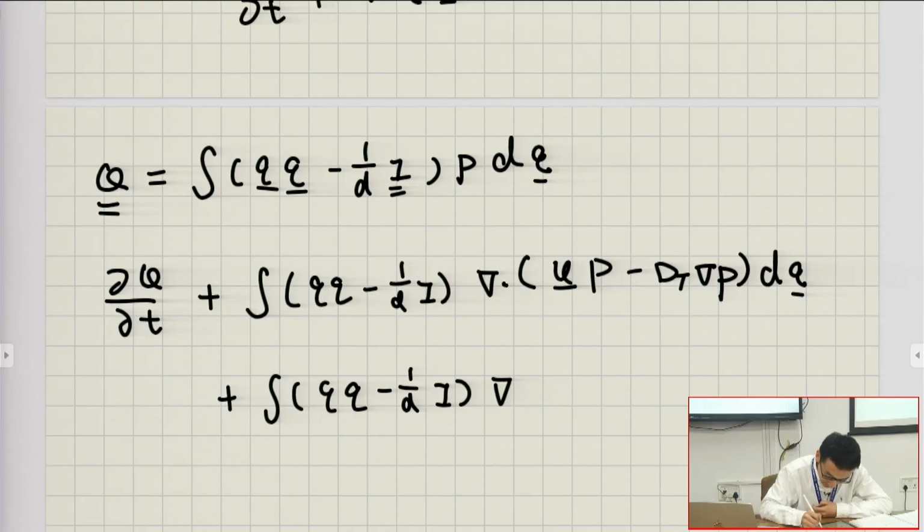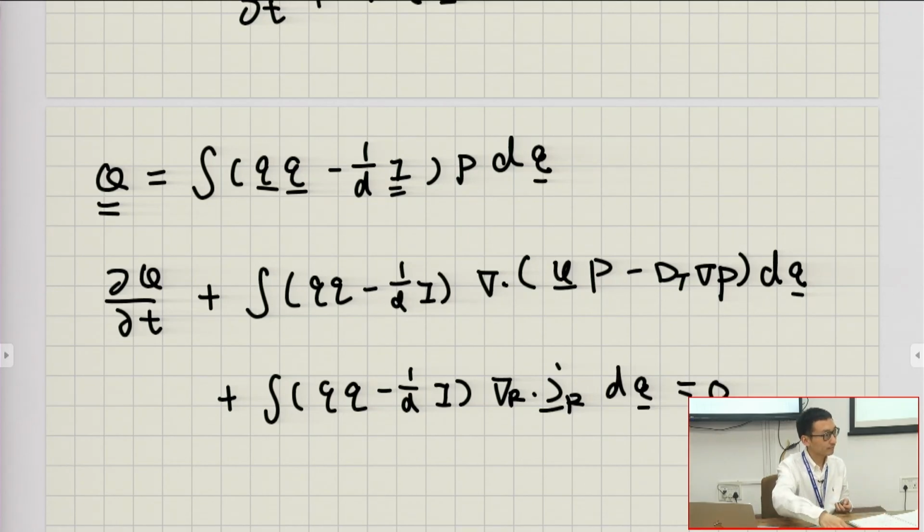And the third term is the following. Okay, that's fine. I haven't done any calculation yet.